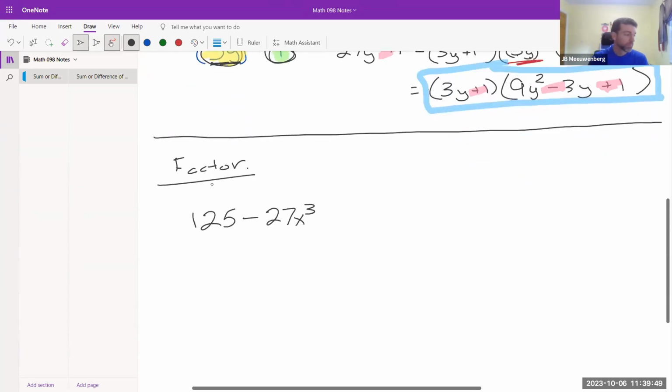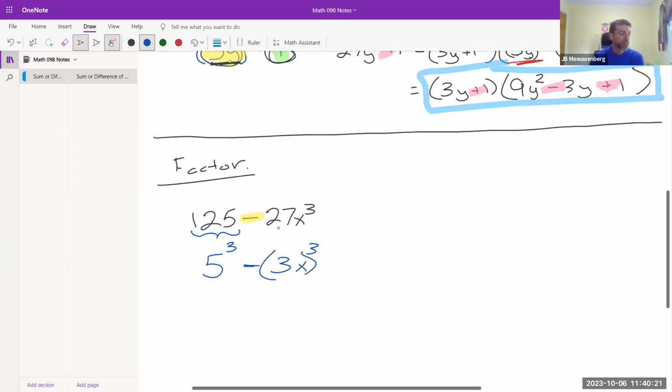I'll keep going. So we first have to identify if it's a sum or difference of cubes. Let's examine it. It's a difference because it's subtraction. And 125 is the same as 5 cubed. So 5 is our base, minus 27x cubed. It's kind of like the last one we did. This is the same as 3x quantity cubed.